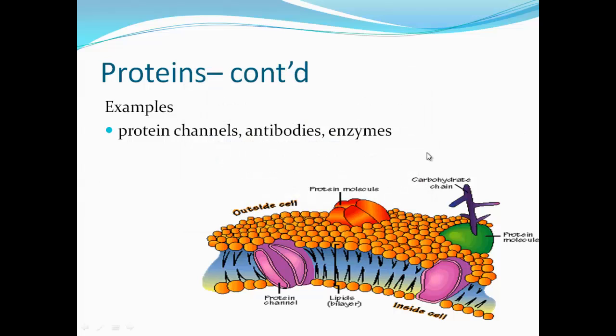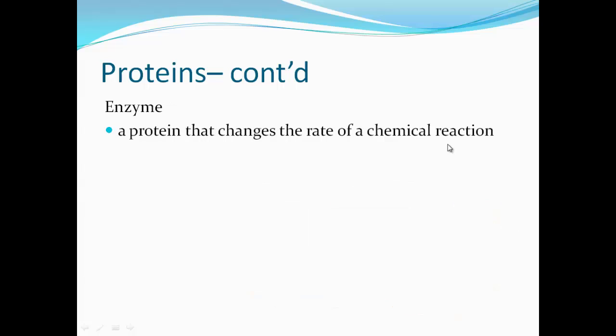The most important thing that we are going to study with proteins is something called an enzyme. And an enzyme is simply something that will speed up a chemical reaction. It's a protein that changes the rate of a chemical reaction. It always ends in ASE.